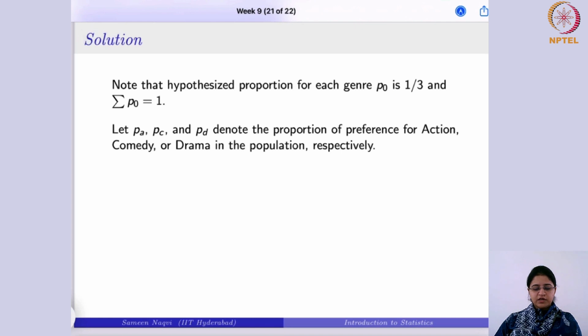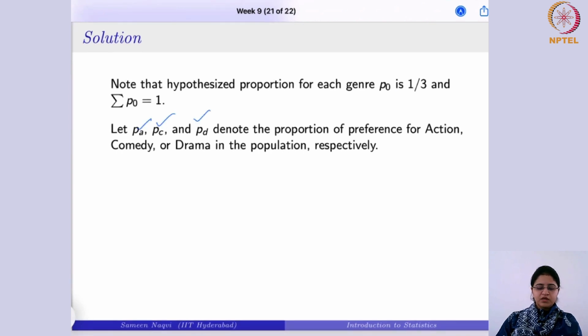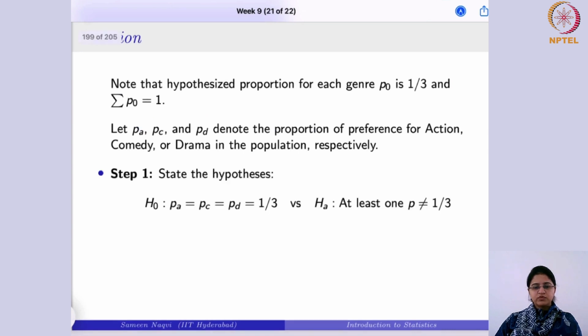So if you denote the proportion of preference for action, comedy or drama by these notations, you will have this. So the null hypothesis would be that the 3 have equal proportion, that is 1 by 3, and the alternative is that at least one of them is not 1 by 3. So the proportion is different in this case.